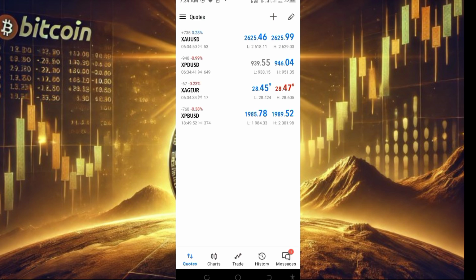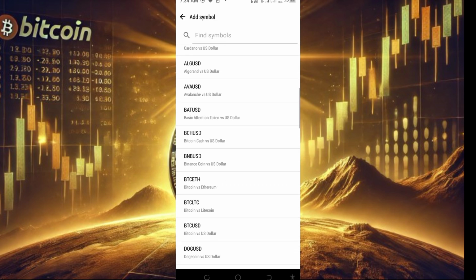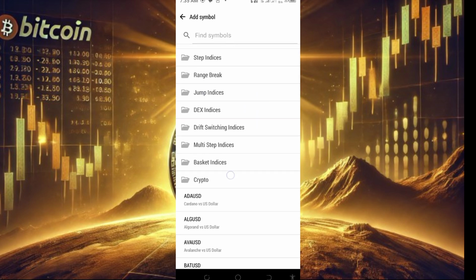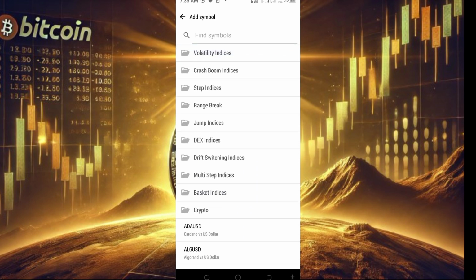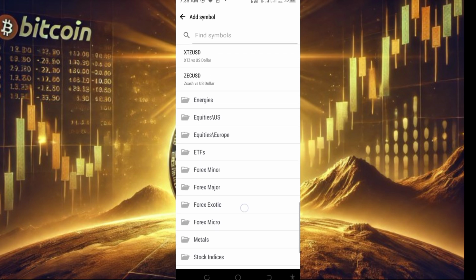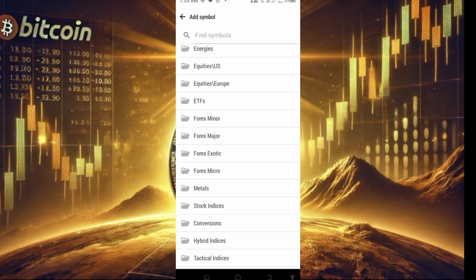And if you want to add any new pairs, you just go to plus. This is available in all MT5. Once you click on plus, you're going to see the pairs that are available for whatever broker you are signed up to. Now, the broker I'm using right now has volatility indices, crash and boom indices, step indices, and all of that. But some of your brokers might not have it. Most brokers will have forex majors and forex minors.